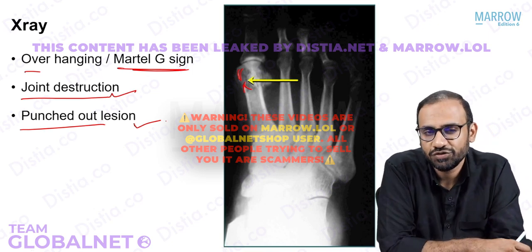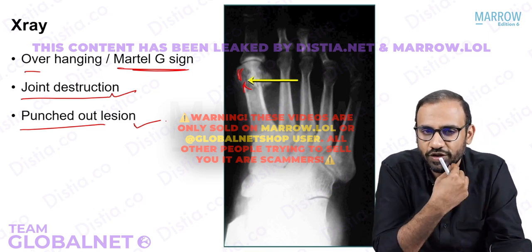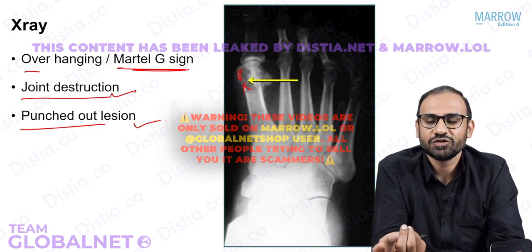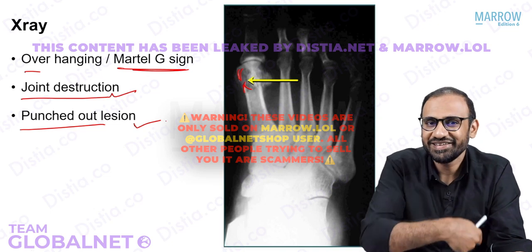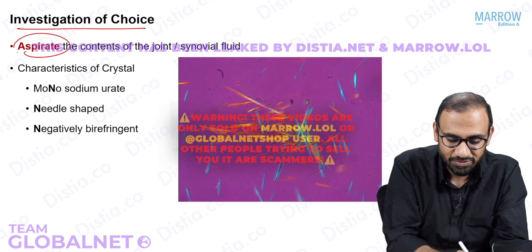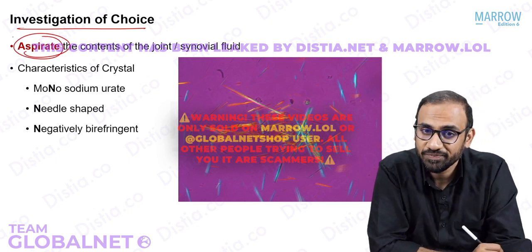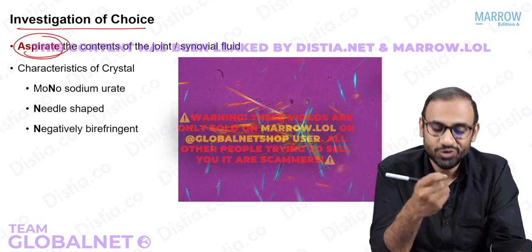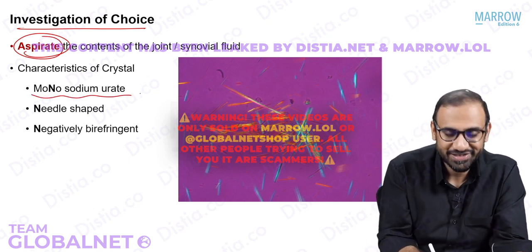What is the investigation of choice when you're looking for a crystal that is precipitated at the joint? The investigation of choice is to aspirate the contents of the joint, the synovial fluid, to look for that crystal. Remove it out, and what will you find? You will find the monosodium urate crystals in the joint.